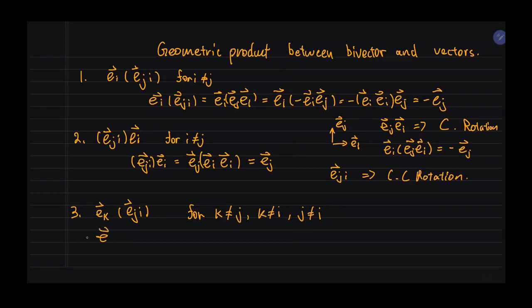So what we get from case 3 is e_k, e_i, e_j, and that's it.